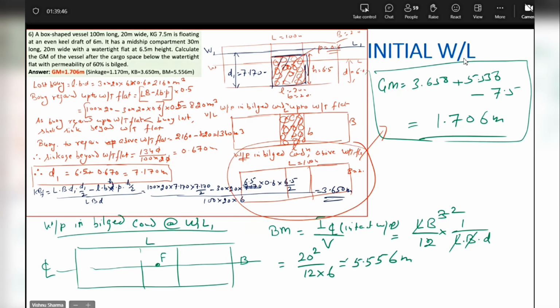I kept the compartment midships, but I never emphasized that we are only restricting ourselves to bilging of the midship compartment. So this should not put a wrong impression in your heads that GM calculation pertains only to bilging of the midship compartment.